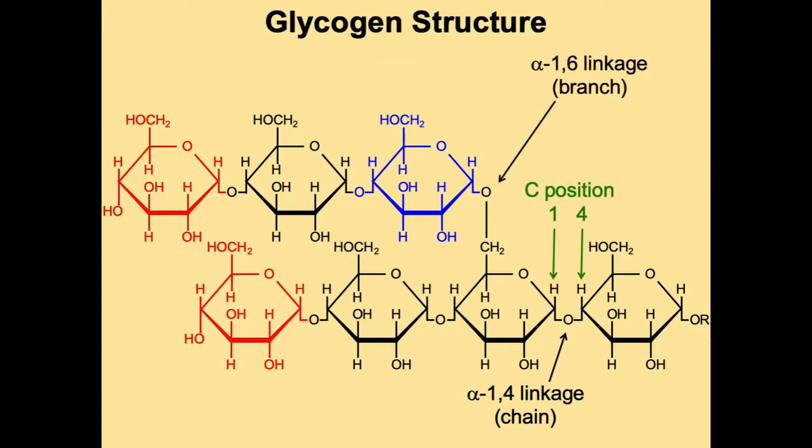When we have a branch, which links the chains of glucose together, this is referred to as an alpha 1,6. Again, this is because of the carbon positions. The glucose molecule in blue is referred to as the start of the chain, whereas those in red are what we call the non-reducing ends. The importance of the non-reducing ends will become clear when we talk about the breakdown of glycogen.